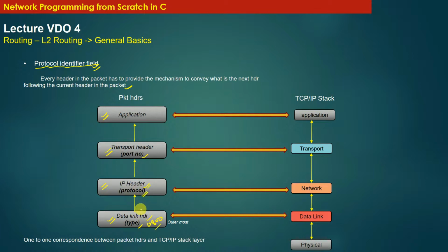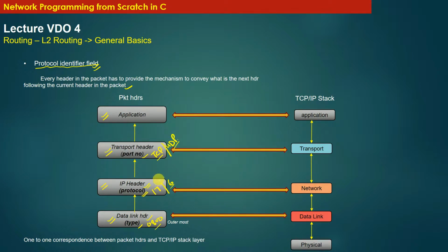If the protocol value is, say, 17, it means that the transport header being used is TCP, right? And I don't remember the value of UDP. If UDP is being used as the transport header, then I think the protocol value will be 6. If the protocol value is 6, then the transport header being used is UDP.